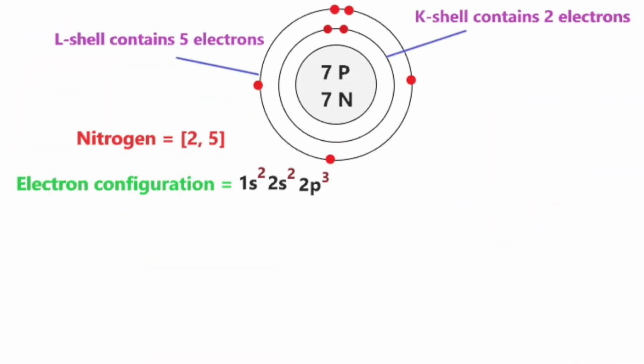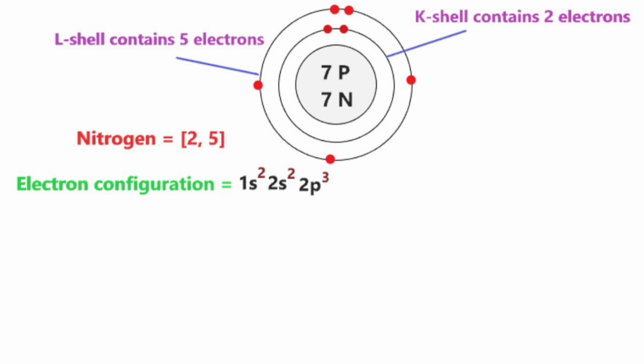For example, the nitrogen atom, atomic number 7, has 7 electrons. Nitrogen's electronic configuration is 1s2, 2s2, 2p3. The K shell has 2 electrons, and the L shell has 5 electrons.